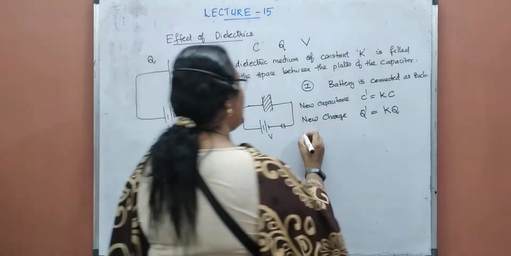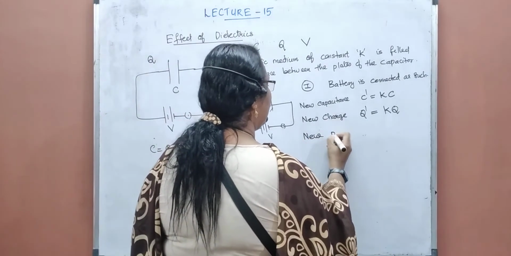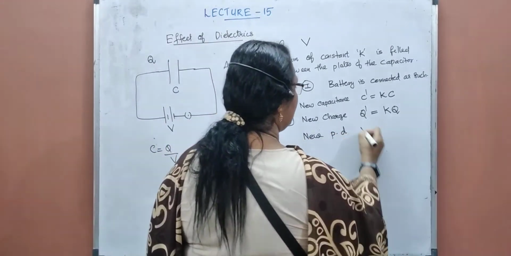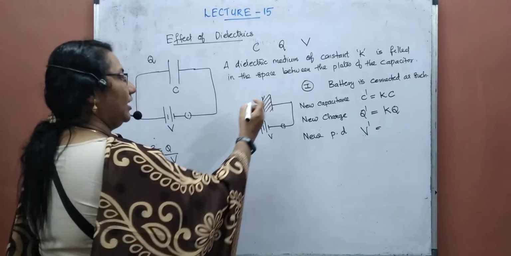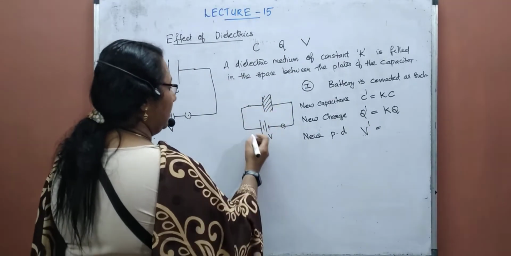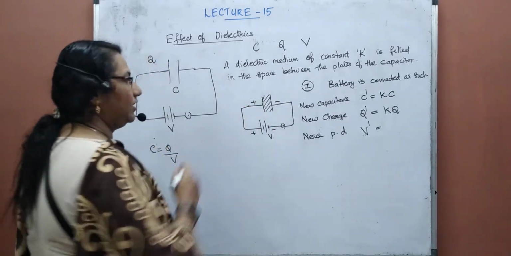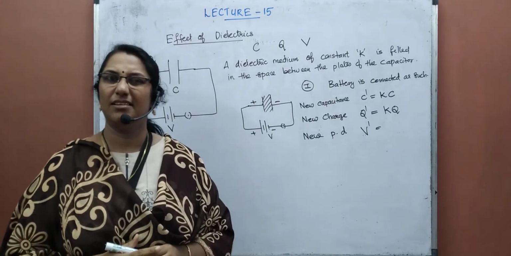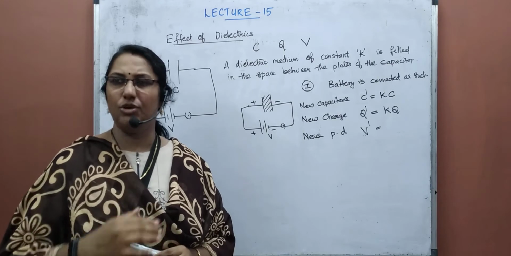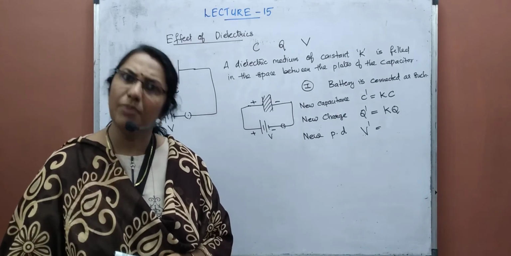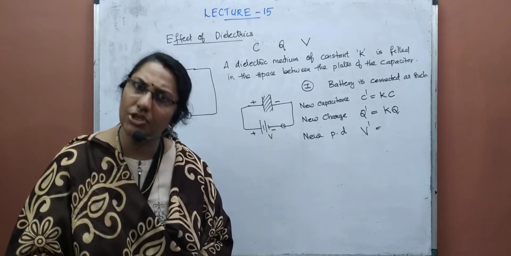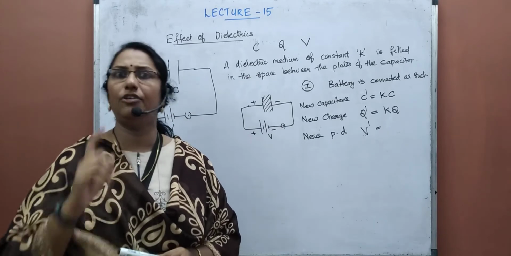Then what about the new potential difference V dash? This is the positive plate, this is the negative plate. Does the potential difference across the plates change since C and Q change? No, because the potential difference is provided by the same battery.